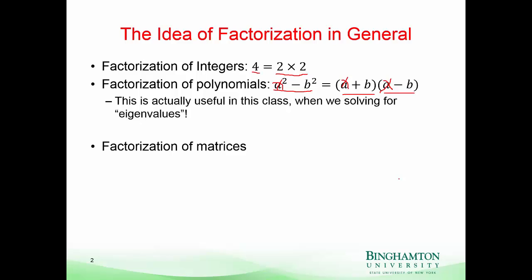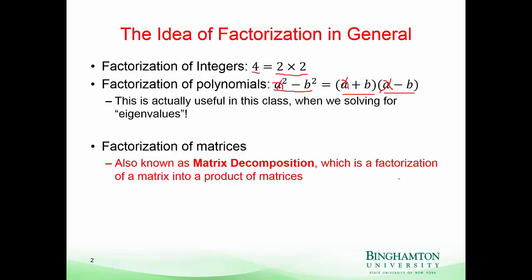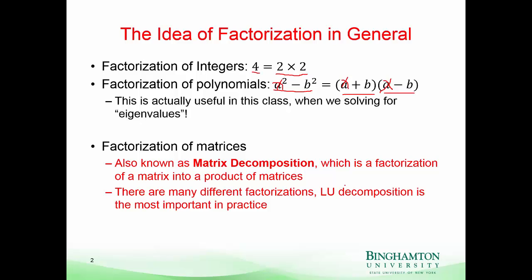But we're talking about factorization of matrices. So we sometimes call this a decomposition. But basically what we're trying to do is the same kind of thing: factor a matrix into a product of two different individual matrices, or maybe even more than two.